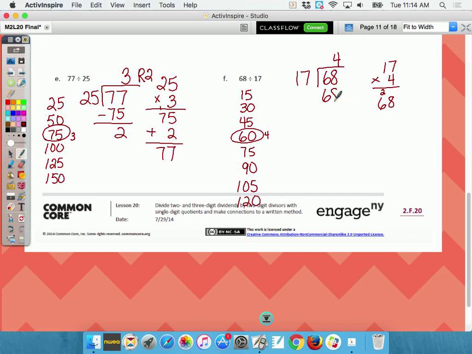Uh-oh, we are right. So what would have happened to Corbin? He would have got a remainder that was larger than 17, right? Let's just try it. 68 divided by 17. And he's going to try a 3, right? 17 times 3 would be 51, right? 8 minus 1, you're 1 shy.